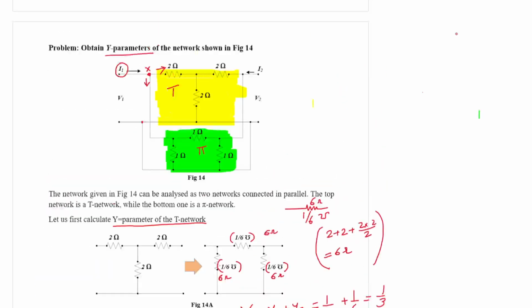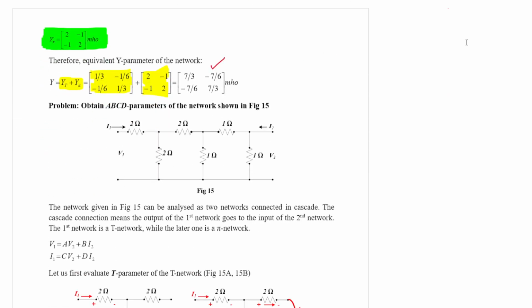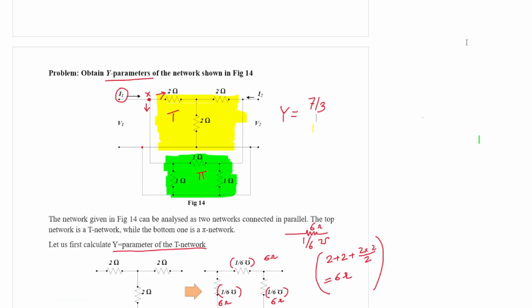So this network is fairly complex, but if you solve its y parameter, its answer will be 7 by 3, minus 7 by 6, minus 7 by 6 and 7 by 3.